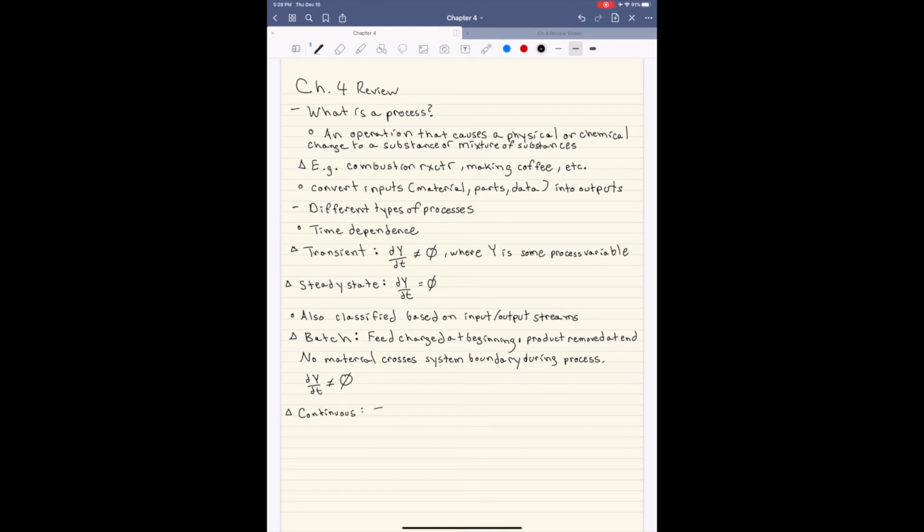And so here, in continuous processes, you do have input and output streams. Right? And they cross the system boundaries.